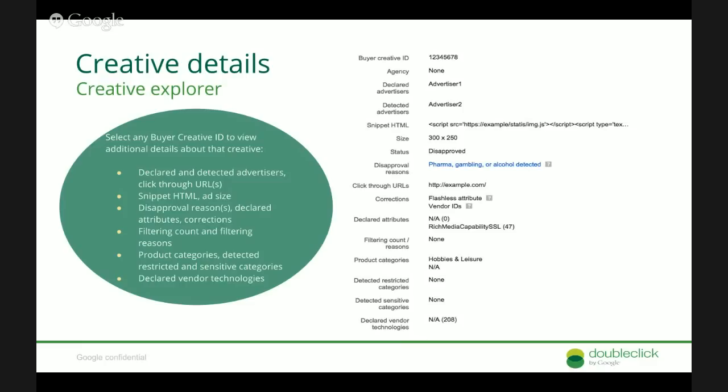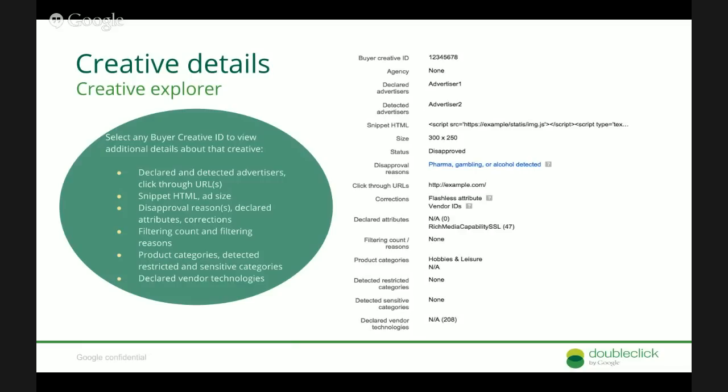We'll show you the ad. We'll show you the serving status, whether it's been approved or not, or in some cases it may not have yet gone through all of our verification checks. You'll see disapproval reasons if it's been disapproved, potentially with some details to help you understand what was going on. You'll see click-through URLs, any that have been declared, any potential corrections.